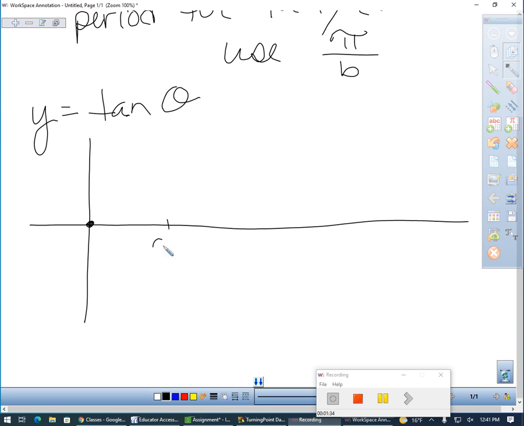Tangent at pi over 2, sine over cosine is 1 over 0, so it's undefined, which means we put in an asymptote. And then at pi, which would be the end of one period, it is at 0, right? Sine over cosine. So here's how tangent graphs. Remember, you always have to approach your asymptote. So from this 0, you approach the asymptote this way.